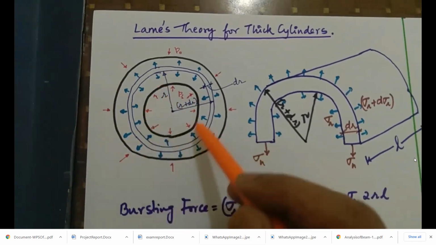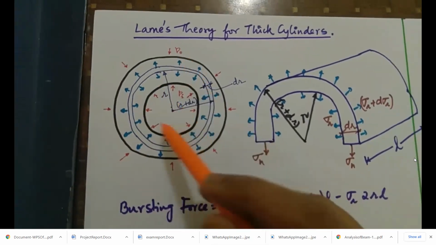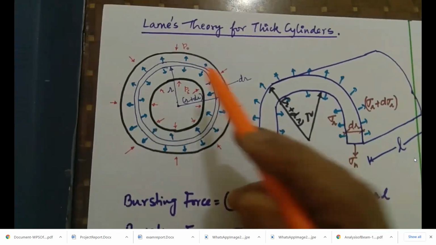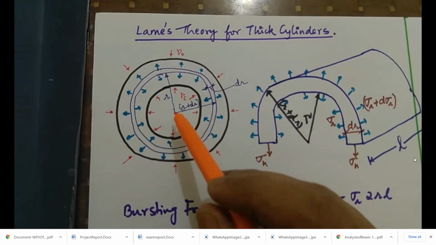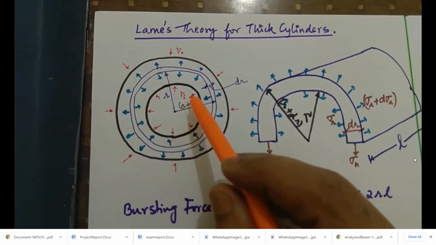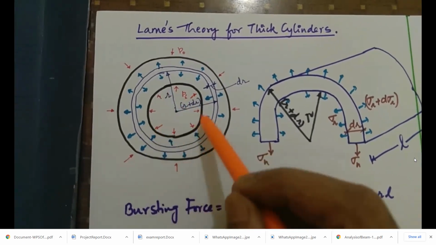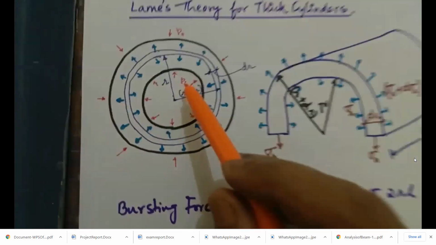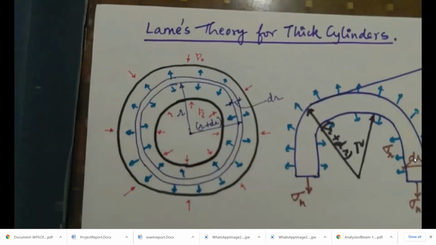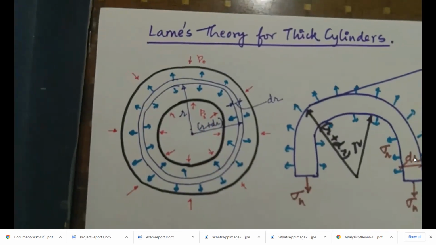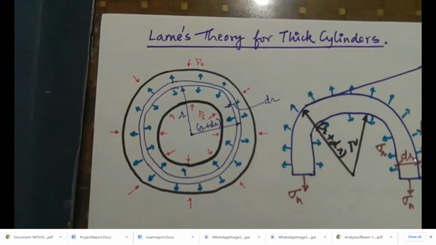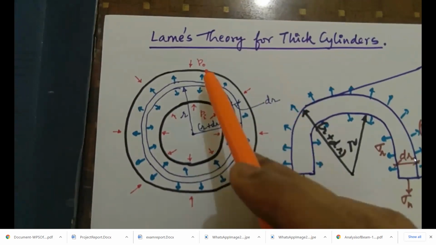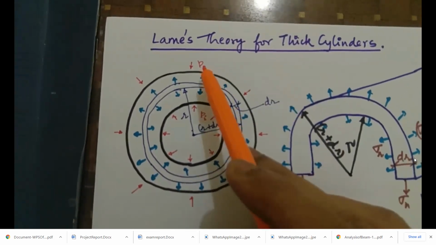The black lines represent the inner and the outer boundary of the cylinder, and what is shown in the red arrows inside is denoted as Pi, Pi standing for internal pressure, and external pressure is shown as P naught.